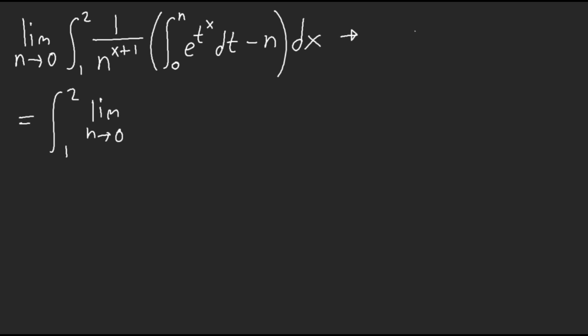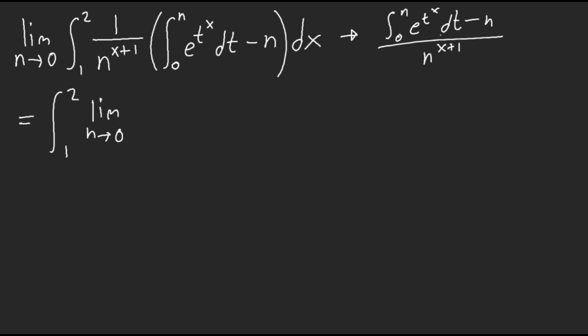First off, we can format this as the integral from 0 to n, I'm sorry, of e^(tx) dt minus n, over nx plus 1.